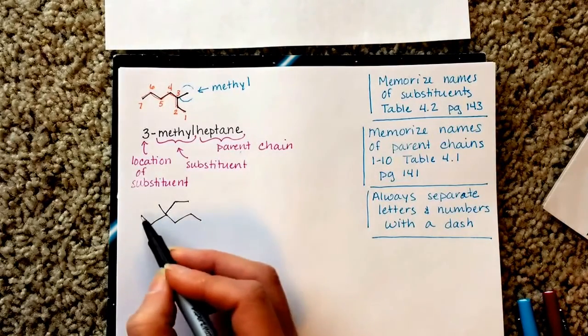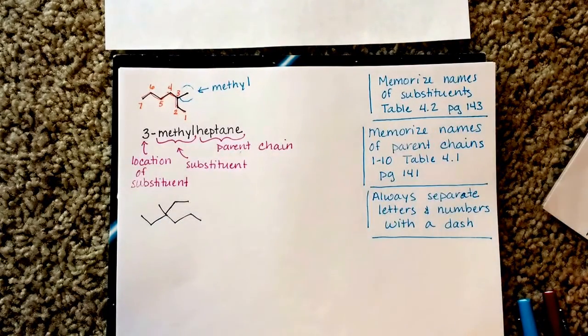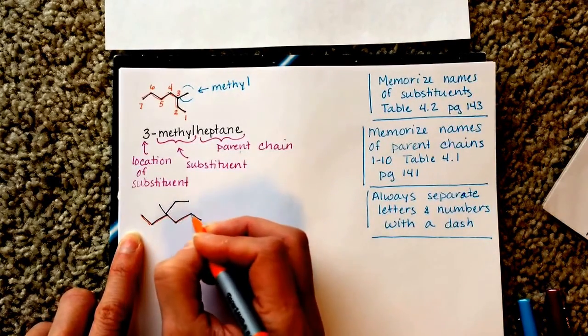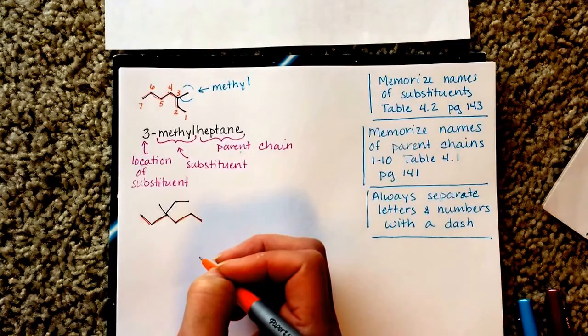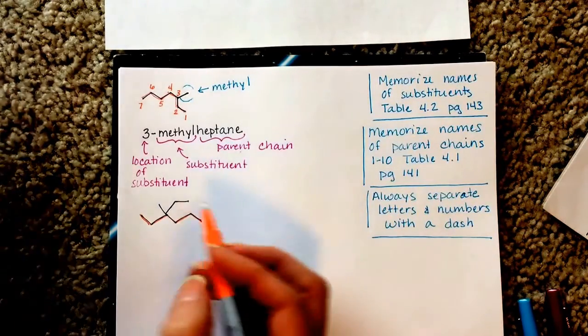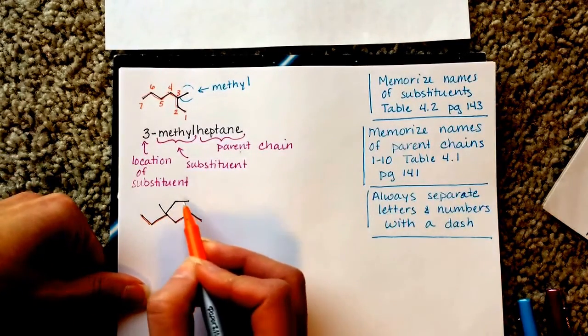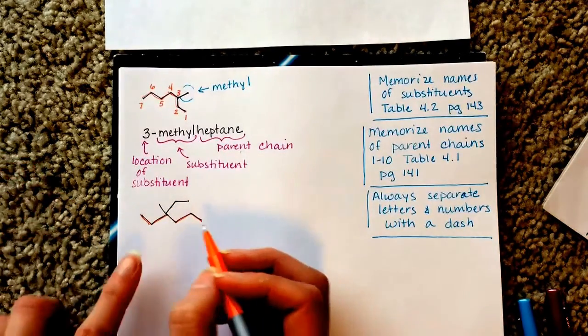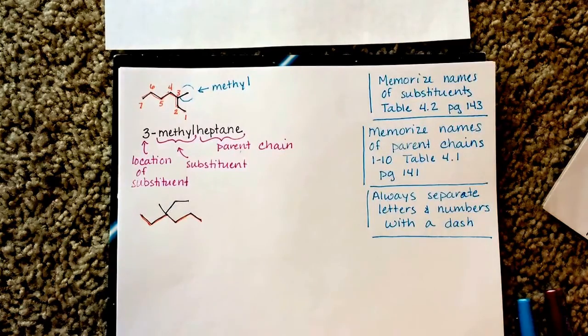It looks like we have a couple of ties for a 6-carbon chain. In the instance of a tie, remember we want to choose the carbon chain that has the most number of substituents. In this case, whether we use this as our longest carbon chain or this as our longest carbon chain, we're ending up with 2 substituents. So it doesn't really matter.